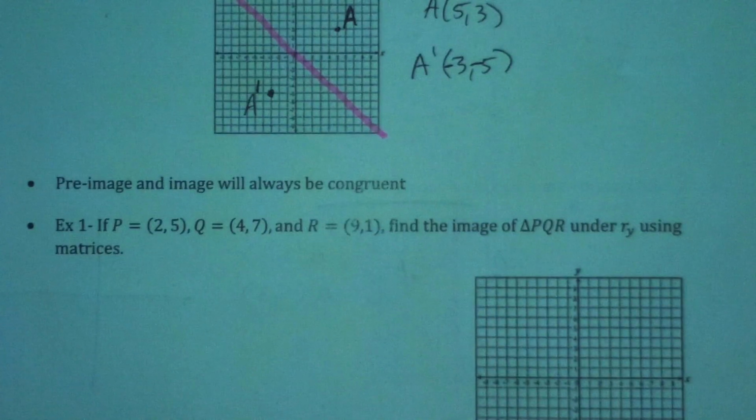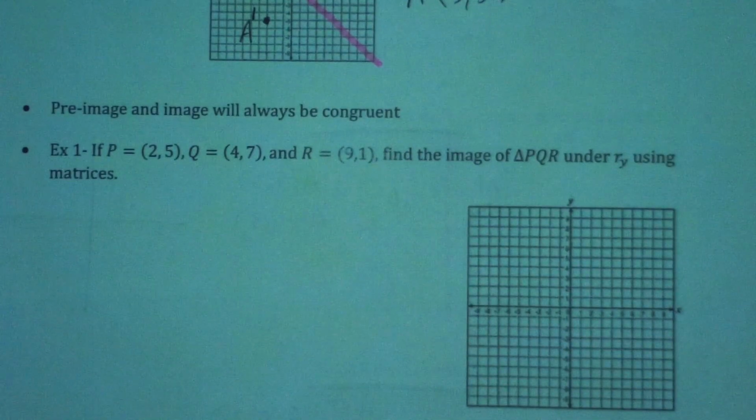We're going to take that and flip it over that line. They want us to use our matrices there. So if we're doing a reflection over the y-axis, what's our matrix that we use to flip over the y-axis? What's our matrix, though? Yes, we're going to do that, but what's our matrix? -1, 0.